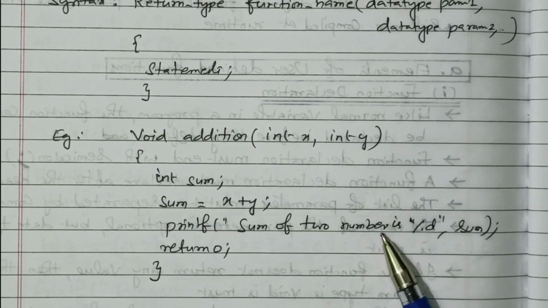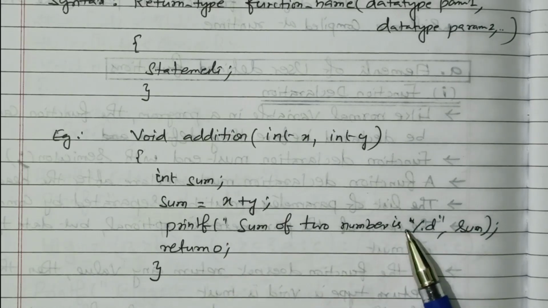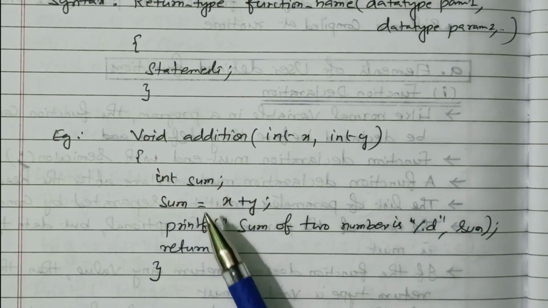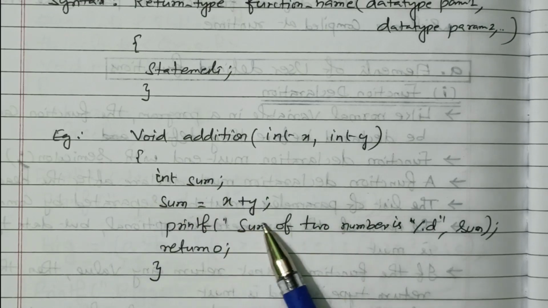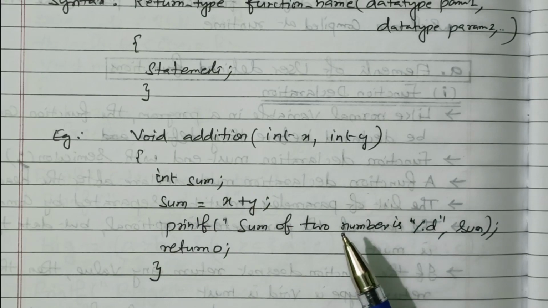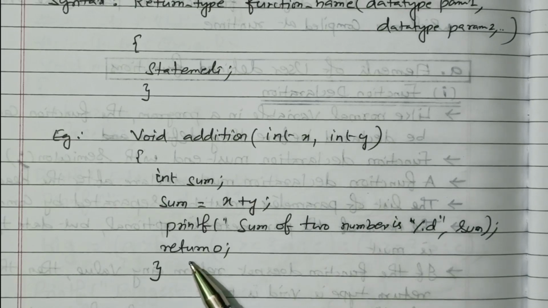Sum of two numbers is %d, sum. It is an integer, so %d with sum. So the answer is printed here itself, because it is not returning any value. Suppose this function returns a value, then we can return the value to the main program, and in the main program we can print this answer, right? That is another type. We are not having any return here, so the answer is printed here itself, and we specify return 0, then close the brace.